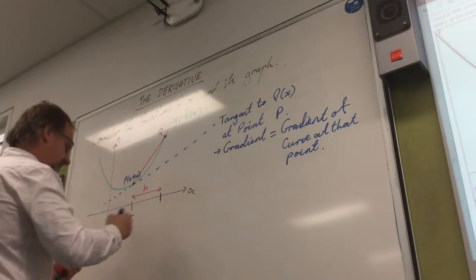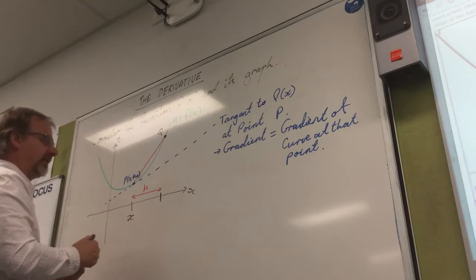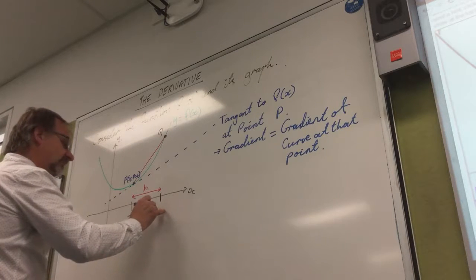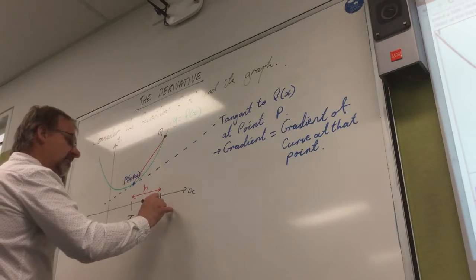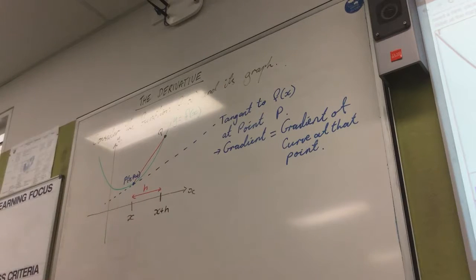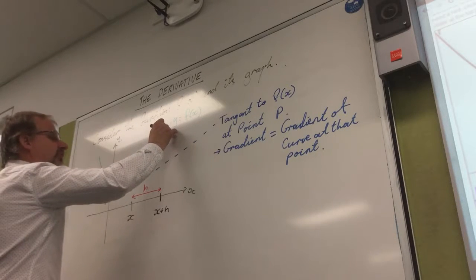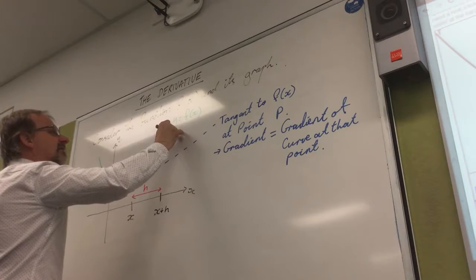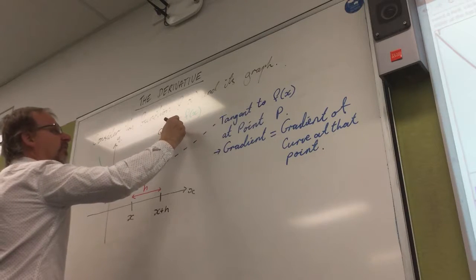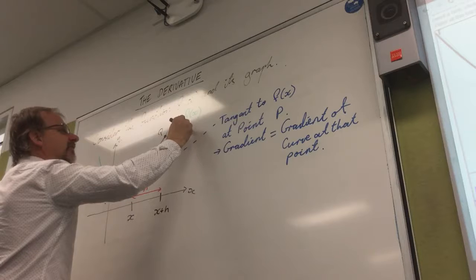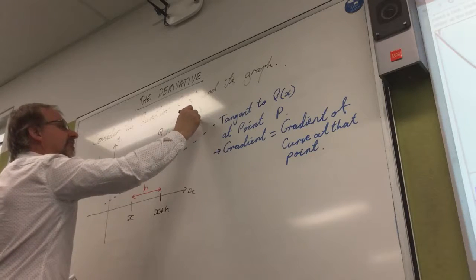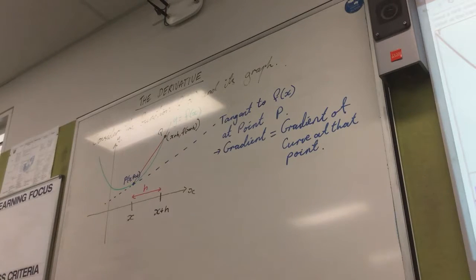So then this x value here would be x plus whatever that h was. So our coordinates of point Q would be x plus h, and then to get the y, we would put that into the function.